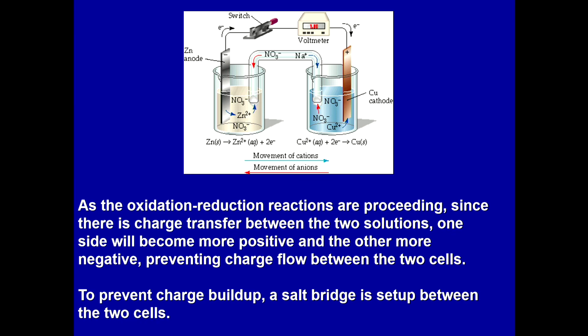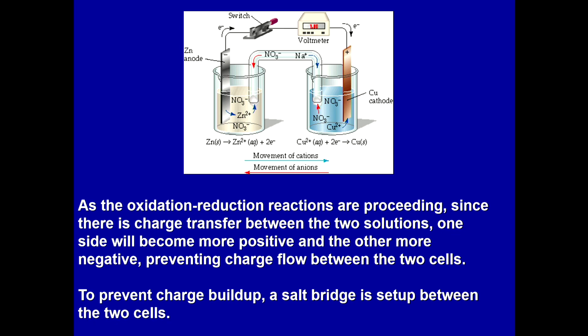For example, because there are too many cations on this side, and the solution is sodium nitrate, some sodium cation will go from this side to this side.